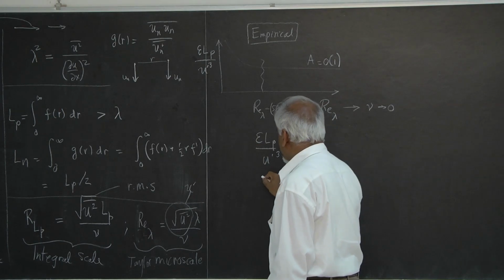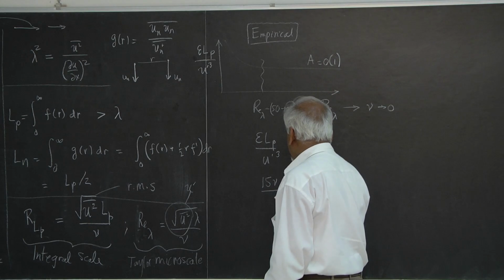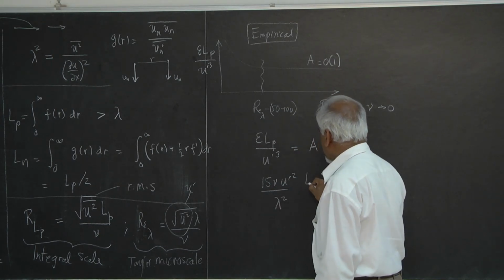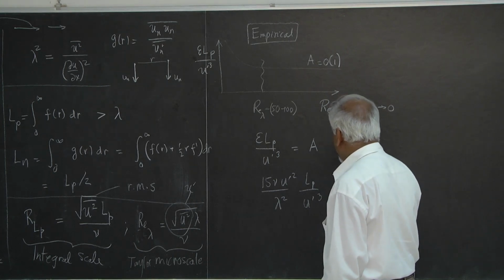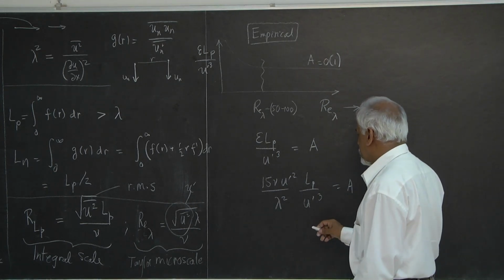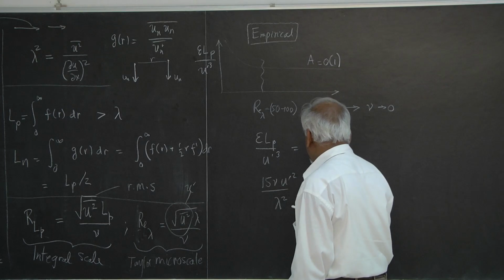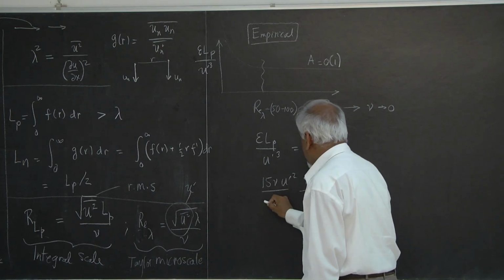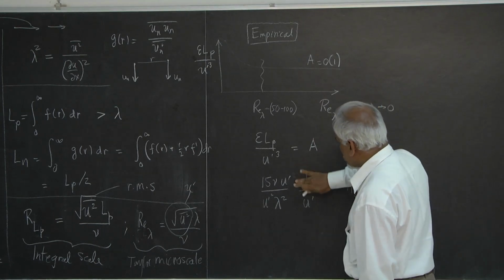For epsilon, we put 15 nu U prime squared over lambda squared. That is LP over U prime cubed. This is A. So I have here, let's say, U prime squared here. So there's one U prime that goes with that.